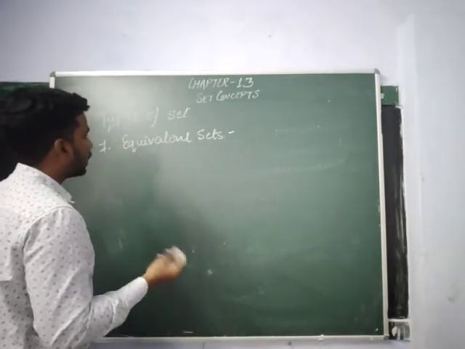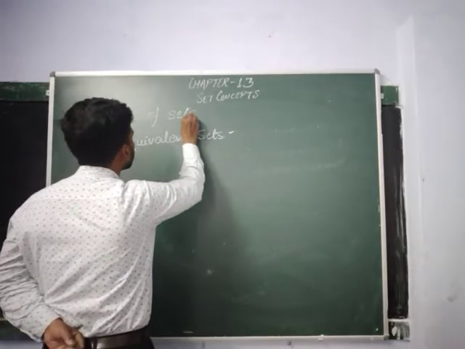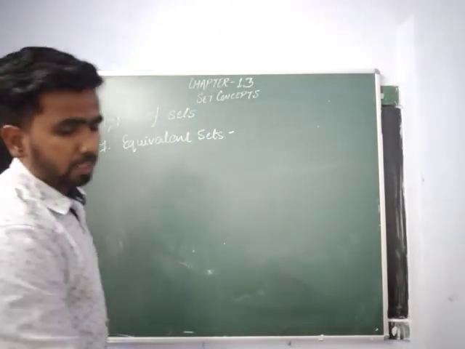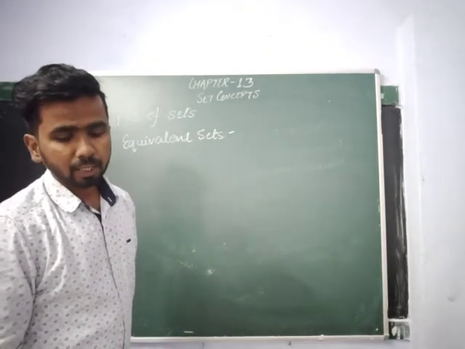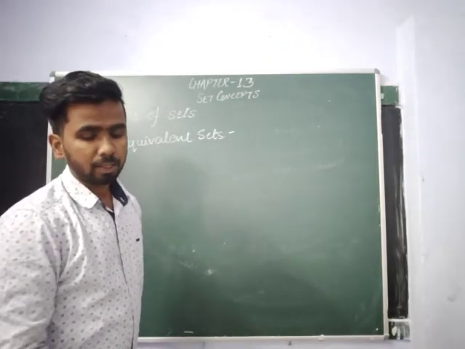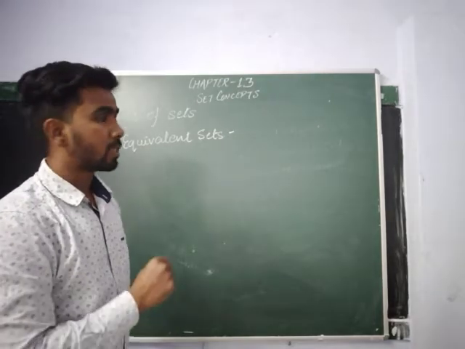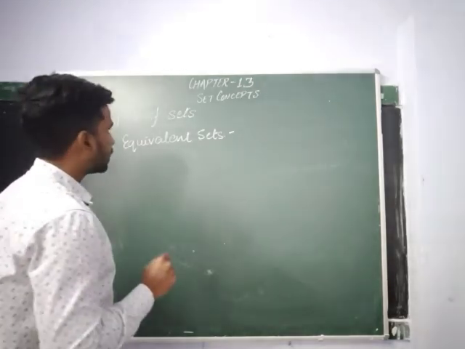Now we have already seen 6 kinds of sets. What we have seen previously are the finite set, infinite set, empty set, then disjoint sets, joint sets and equal sets. Now we will see equivalent sets.